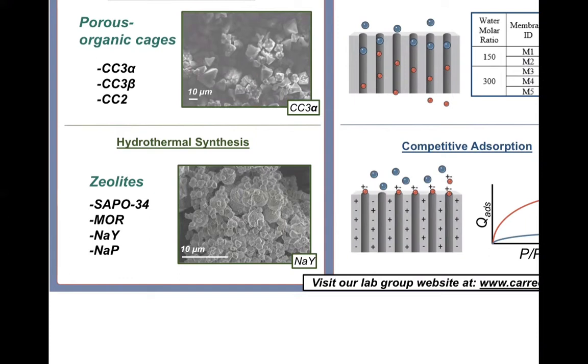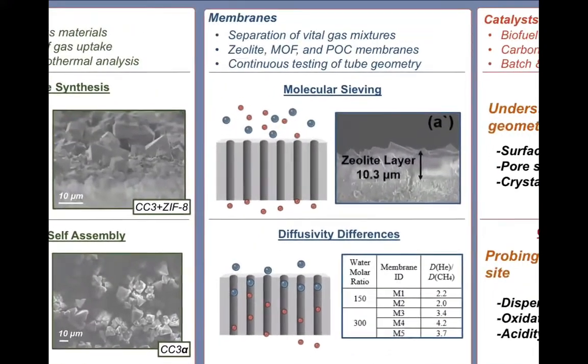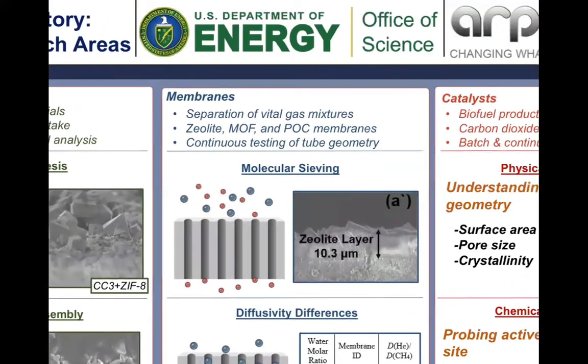So typically zeolites are formed through hydrothermal synthesis, and some exemplary zeolites are listed here, as well as an image of zeolite Y, which is a relatively large pore zeolite with industrial applications.